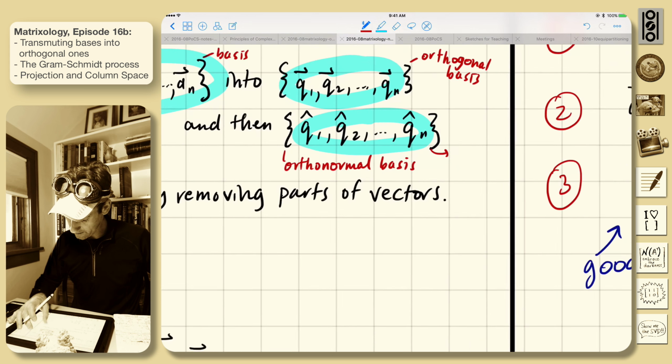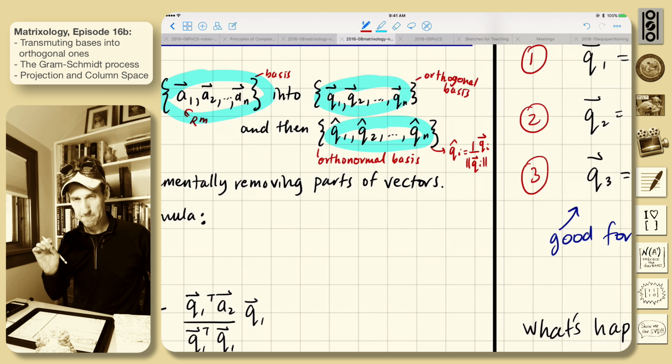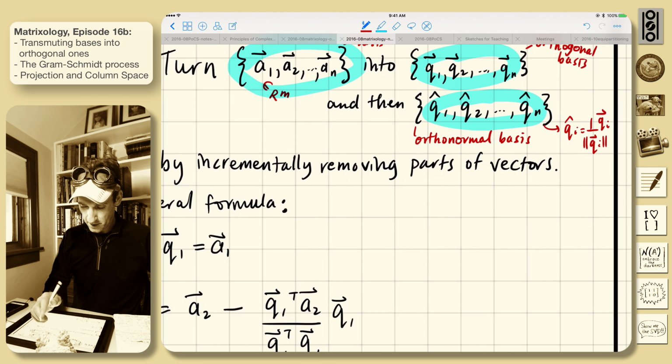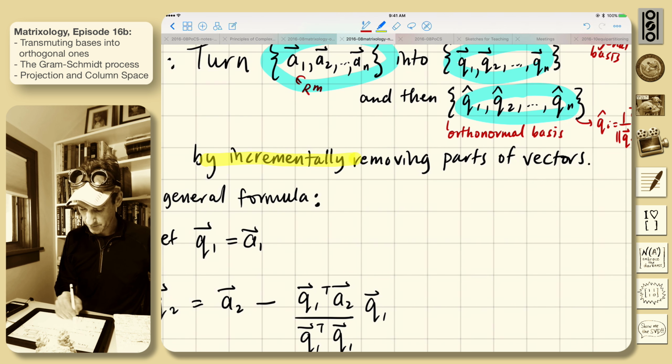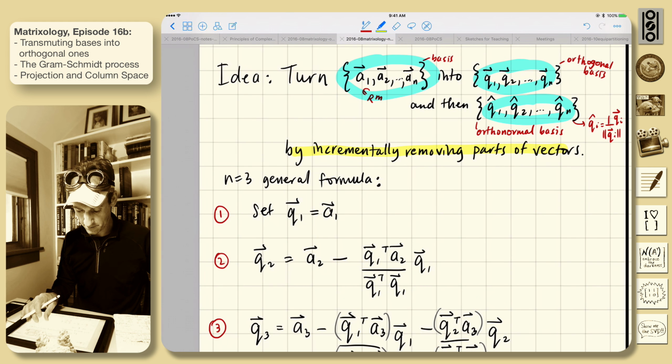So let's just say q sub i equals 1 divided by the length of the basis vector here. So it's just a length. We're just dividing through. Right. Okay? Fine. So the idea is here's the piece, we're going to incrementally, or step by step, remove parts of vectors.